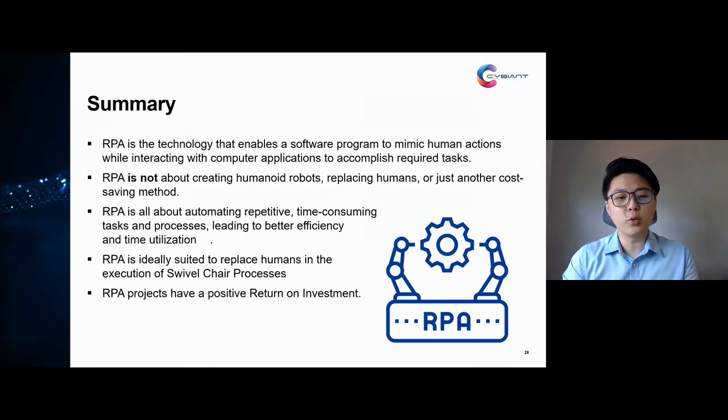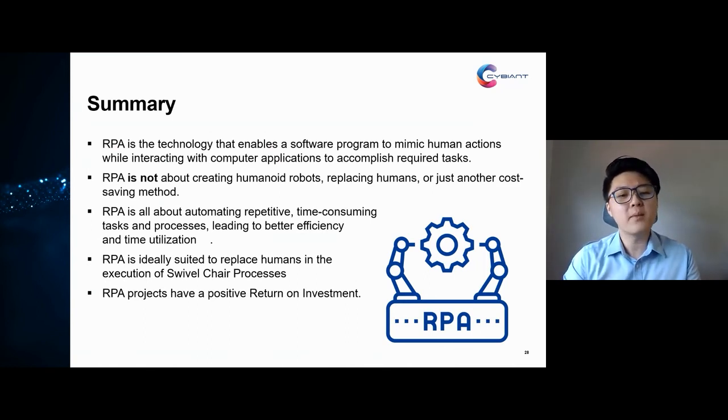And it is important to remember that RPA is not about creating a humanoid robot. It is not there to replace humans, nor is it just about a cost saving method.